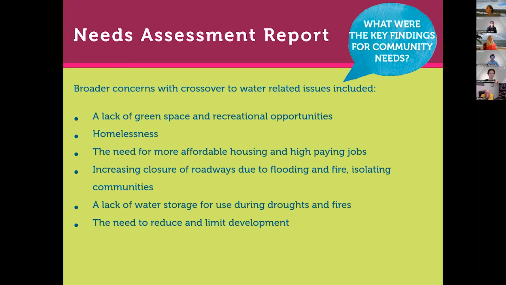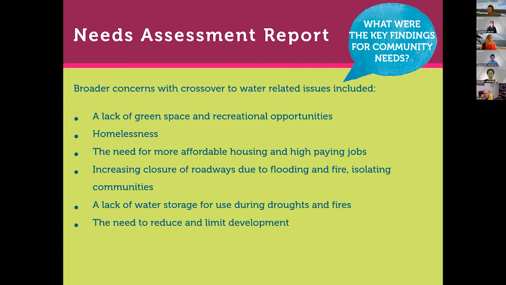And so, some of them were things like homelessness was very important to people, being able to address that. Affordable housing, again, related to the prior issue, and flooding and fire, basically cutting off communities, and also the debris flows that are prone in that county.